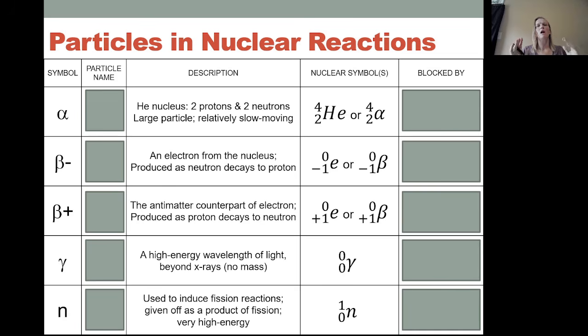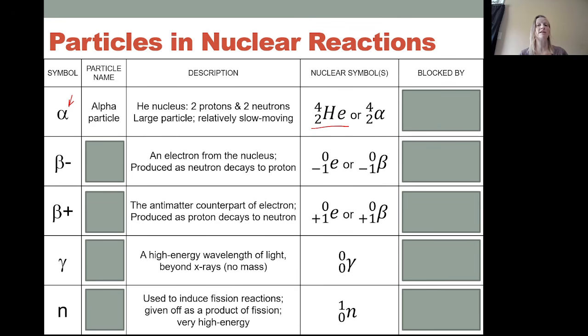So, looking at particles that are emitted, or types of energy that are emitted in nuclear reactions, the first type of particle that's emitted in a nuclear reaction is called an alpha particle, and we represent alpha particles with the Greek letter alpha. An alpha particle is really just a helium nucleus. It's got two protons and two neutrons. And so there are two different ways to represent it.